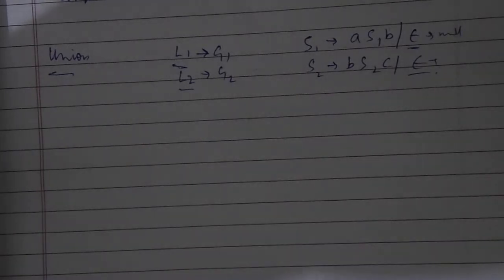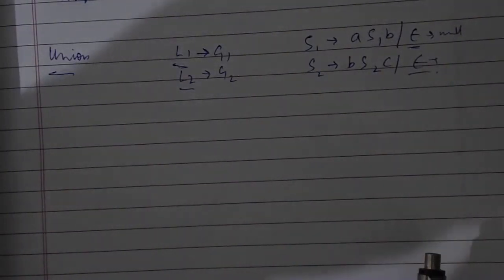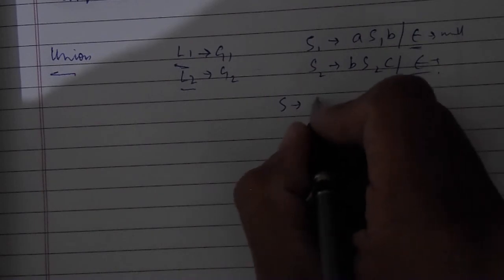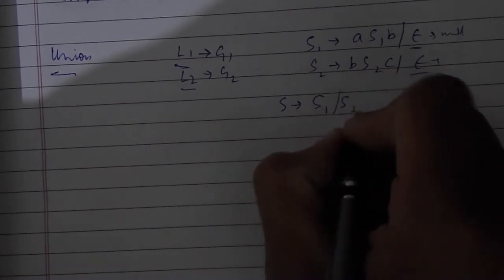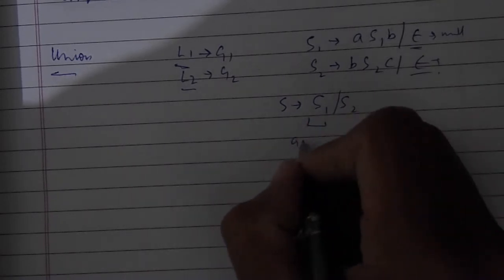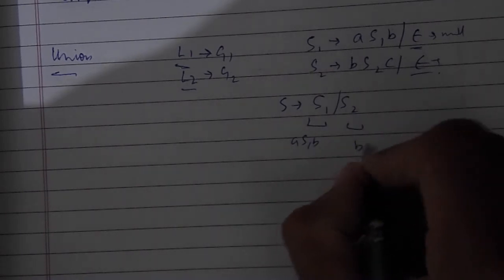To show that S1 and S2 are closed under union, I take an S and put a slash in between S1 and S2. So S1 is the same as a^n b^n, and S2 is the same as b^n c^n.